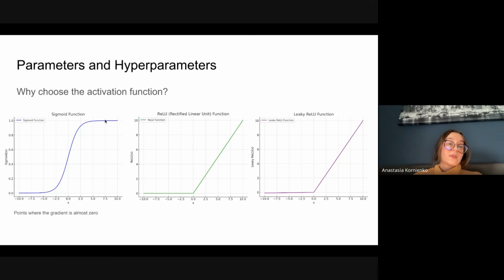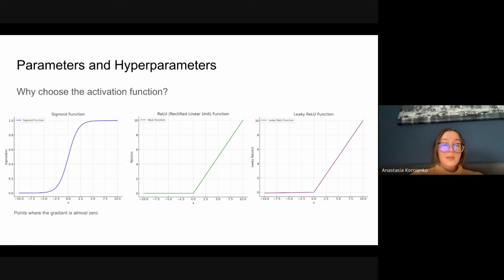For the sigmoid function, the issue is that it has some points where the gradient is almost zero, so the moves can be really slow, and that's why the process of learning can stop somewhere, and be very, very slow and take years for the neural network to learn.